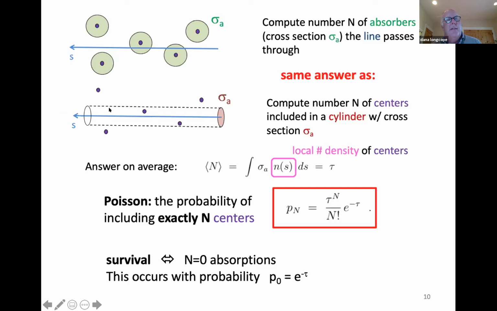If I have a cylinder of a given length, how many of them have I captured? That's the average number you're going to include, which is what we just heard about, sigma A n ds, right? That's the answer to that question.